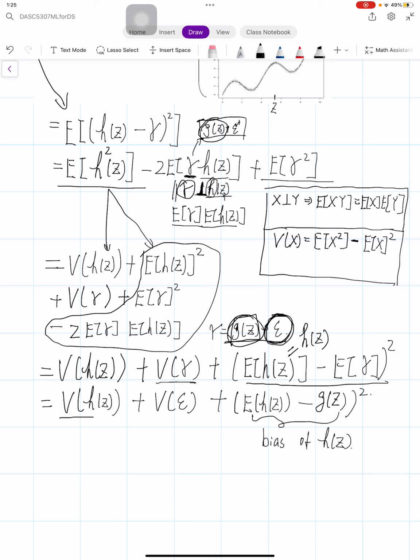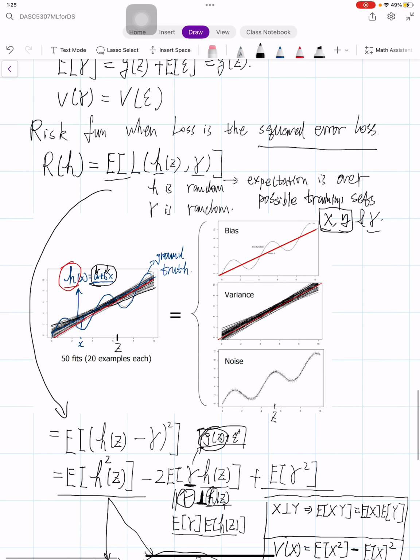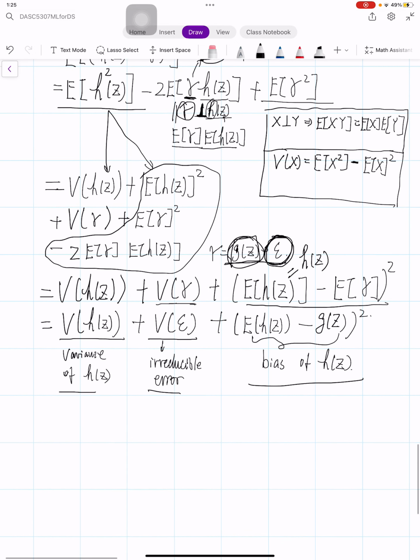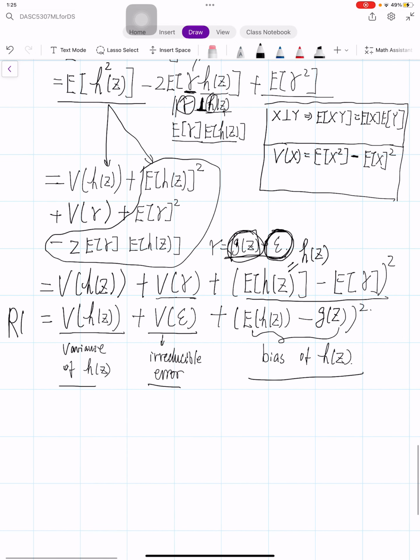This is the variance of the model. This is the bias of the model. And this is an irreducible error term. Irreducible error, okay? So now we have written our risk function as the 3 terms.